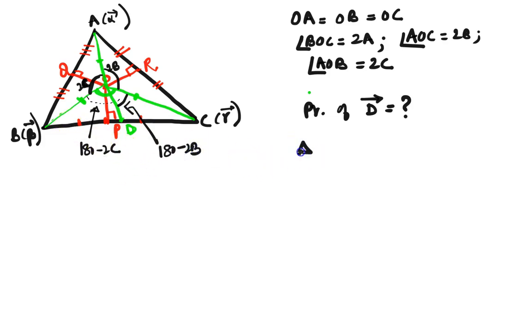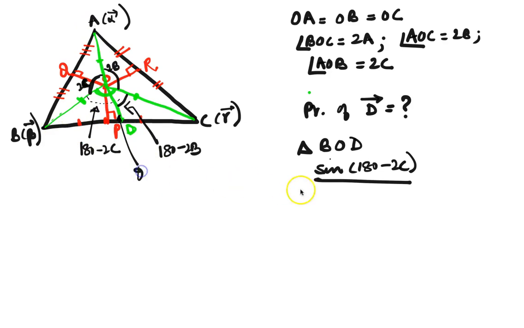So in triangle BOD, if I apply the sine law, then sine of angle 180 minus 2C upon sine of this angle, let's say this angle ADB is theta, sine of theta, is BD by the opposite angle side OB.